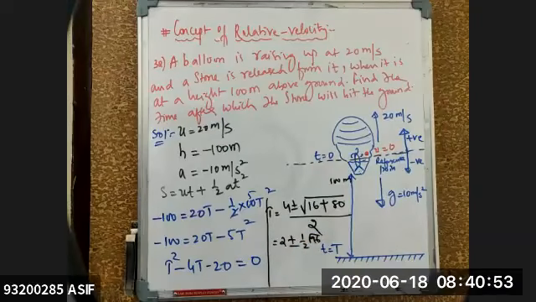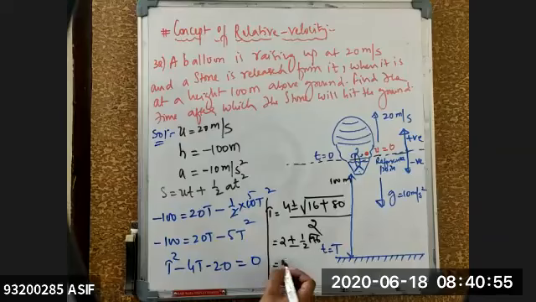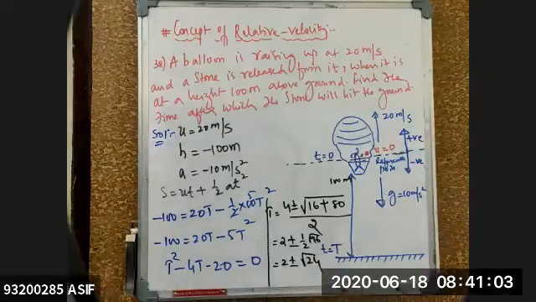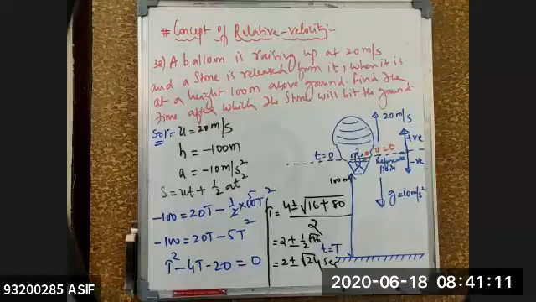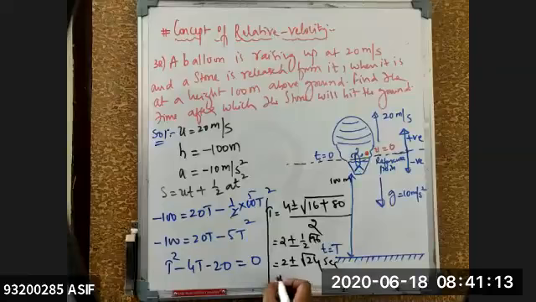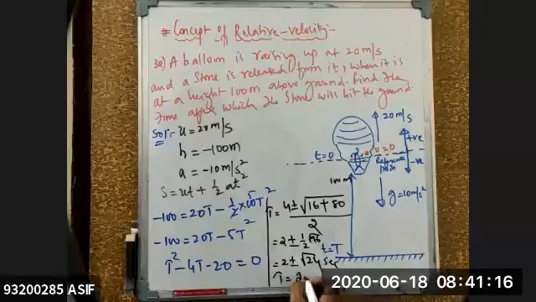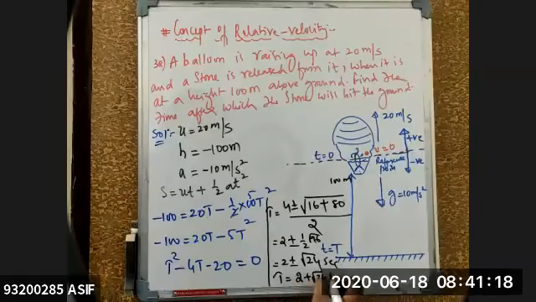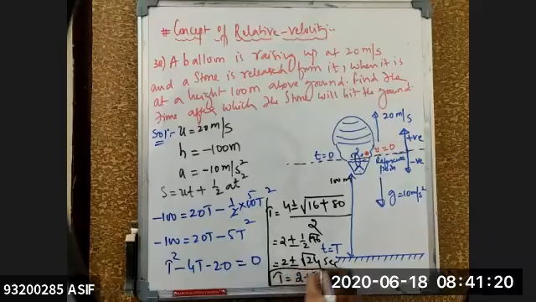So it will become 2 plus or minus root 96, which is 2 root 6, so I'll write this as root 24. Time cannot be negative, so t equals 2 plus root 24 seconds is the answer for this question.